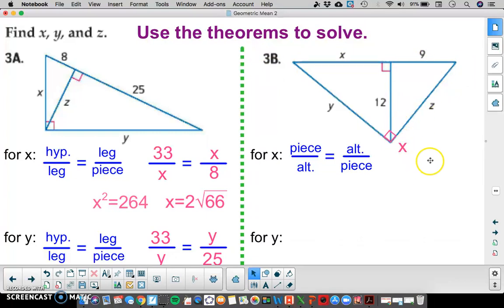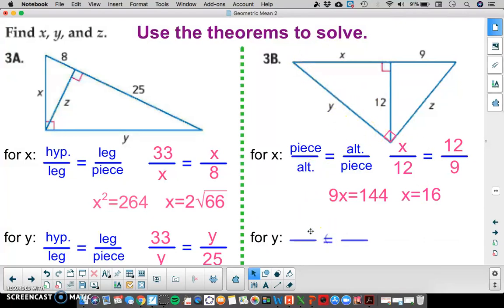So we have x is to 12, as 12 is to 9, because the piece is the x, the altitude was our 12, and the other piece of the hypotenuse was 9. Cross multiply and we get 9x equals 144, so x equals 16. For y, we now know that x is 16, so we know the piece that y corresponds to for the leg theorem.